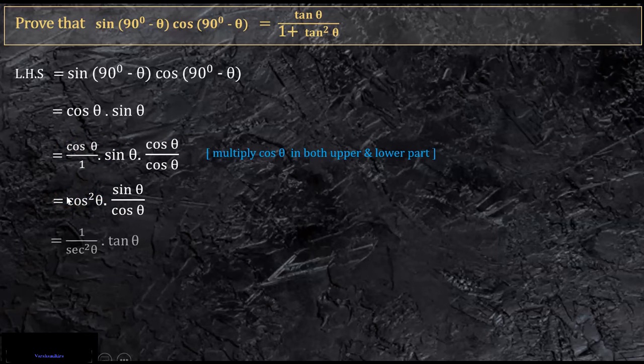Okay. So this sin theta and cos theta will become tan theta, and cos square theta equal to 1 by sec square theta. So 1 by sec square theta is what? 1 plus tan square theta, right? That means tan theta by 1 plus tan square theta. So that is the right hand side.